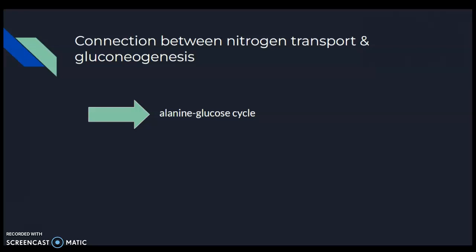We saw that through the transfer of alanine, ammonium entered the urea cycle, and what was left was that pyruvate. This pyruvate, through gluconeogenesis, is used to form glucose. This glucose eventually gets shuttled back to the skeletal muscle via the bloodstream using the alanine glucose cycle.